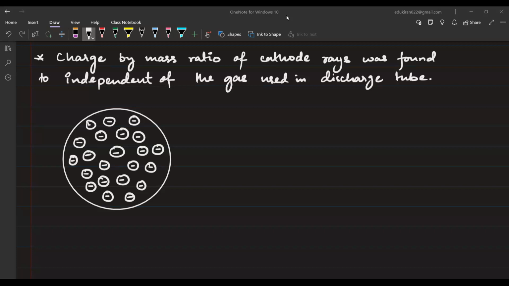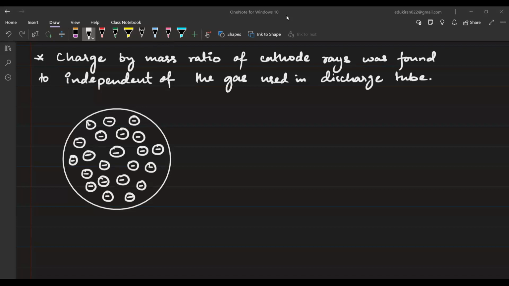Fine. Now, if there are negative charges, to balance them, there should be positive charge also, correct? Yes. So J.J. Thomson tried many things to get the positively charged particles also.